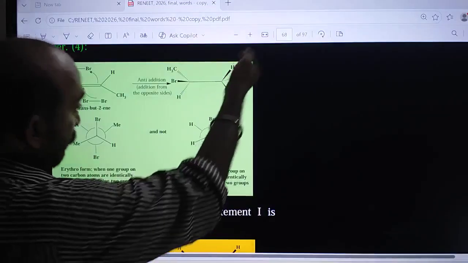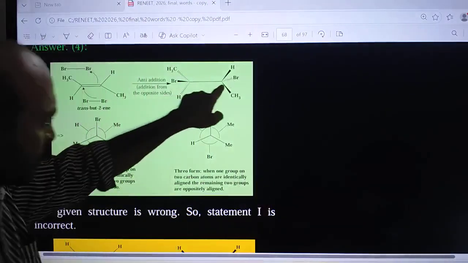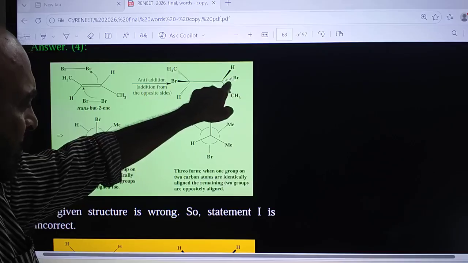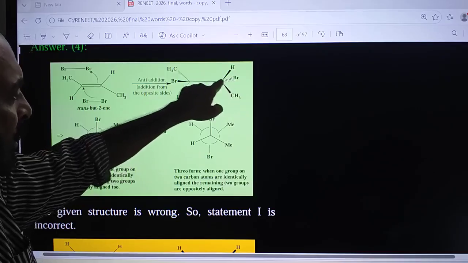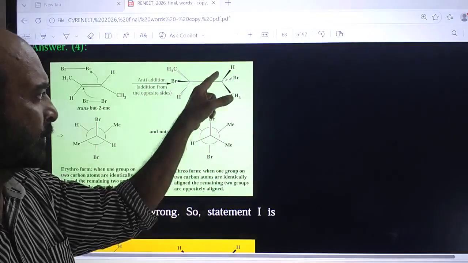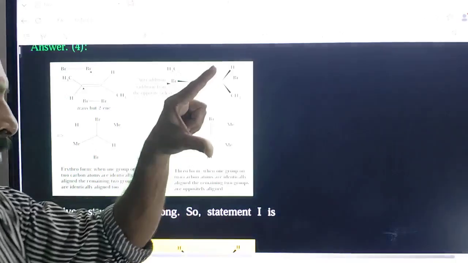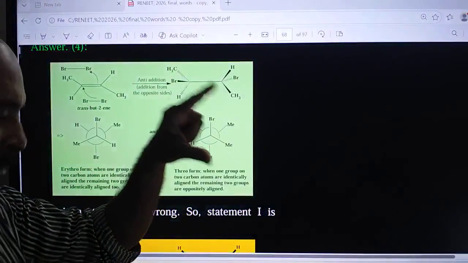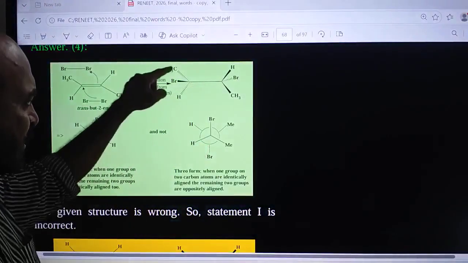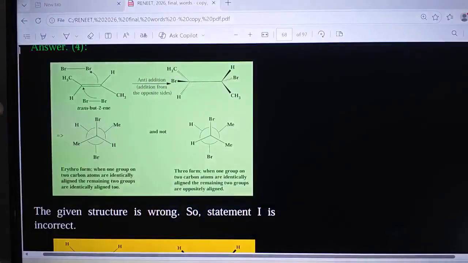On the other side, bromine is attached from the rear side, so I have shown that by dash lines. So, H and CH3 come towards the viewer. H and CH3 are shown by solid line, Br by dash line. Here CH3 and H by dash line, Br by solid line.